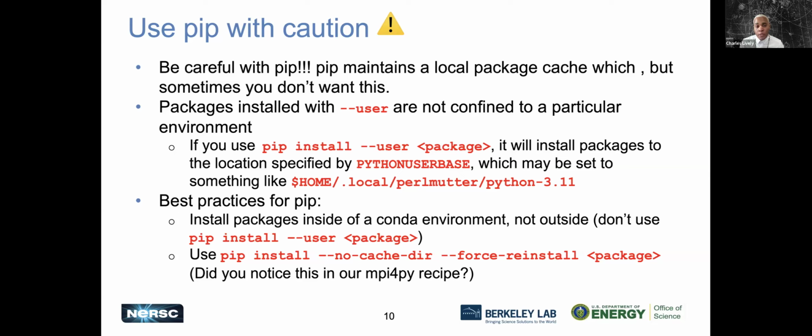For example, if you want to install something to a specified base where other users can have access to it, then you want to specify that as well. So again, the best practice that we say is to use pip install with the no-cache-dir flag and those specific flags, and then you are able to specify the package.